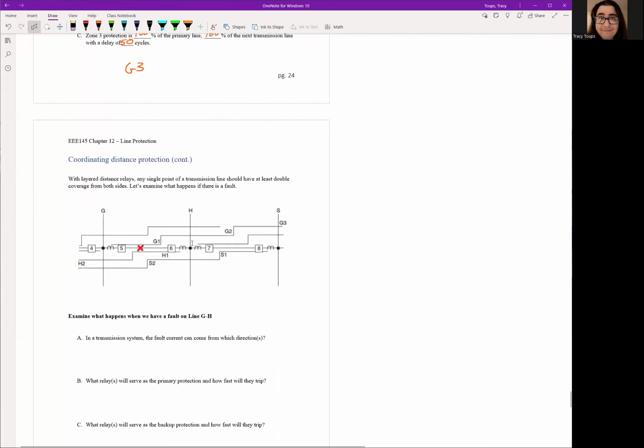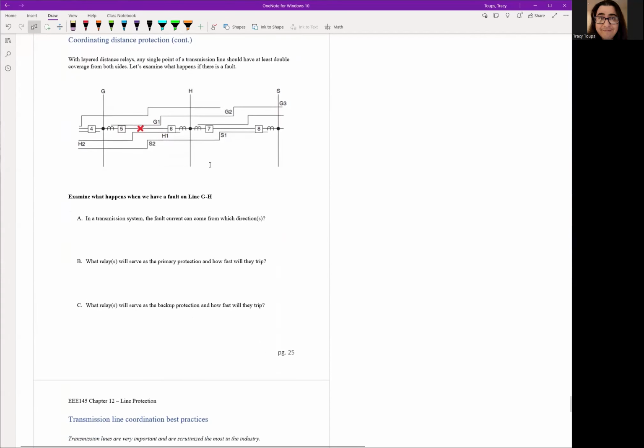Let's go ahead and analyze what would happen if we have a fault, how many relays would operate, and which relay is a backup of which other relay in zone protection. So remember, when you have a fault in any line on the transmission side, both ends of the line will have current. So the question is, in a transmission system, fault current can come from which directions? Both ends of the line.